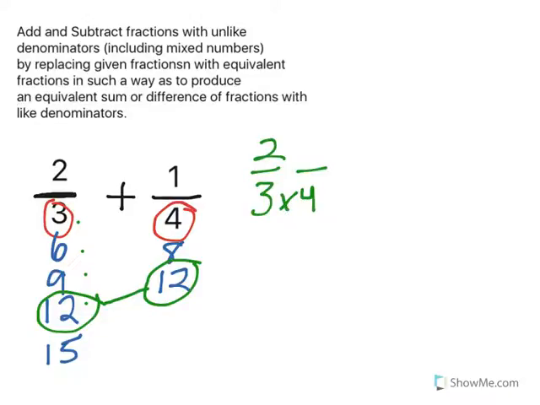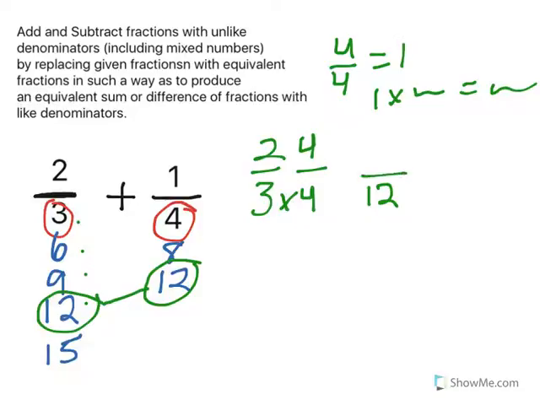And to keep these fractions the same, because we don't want to change the value, we just want to convert it to a fraction that we can actually manipulate, we want to multiply both sides by 4, top and bottom, because 4 over 4 equals 1. And 1 times anything gets you the same anything. So we convert this, so we have 3 times 4, which we know is 12, our like denominator, and 2 times 4, which is 8. So that's our new fraction for the left-hand side.